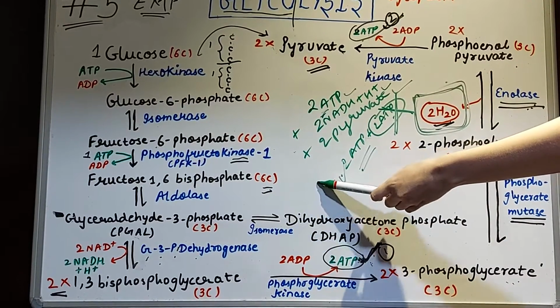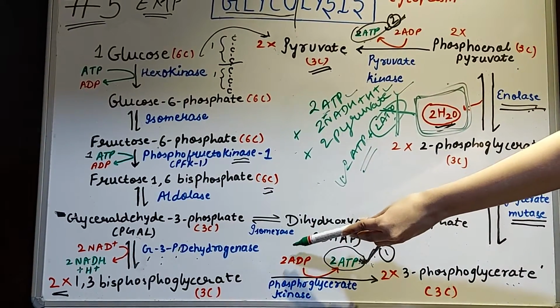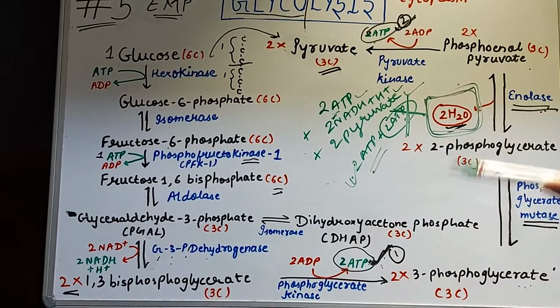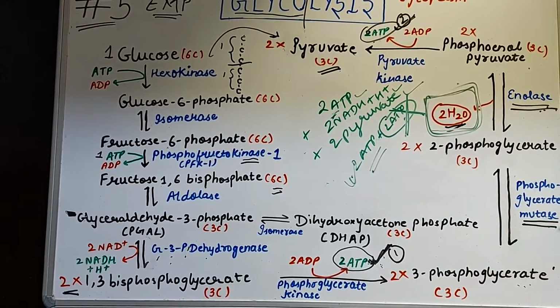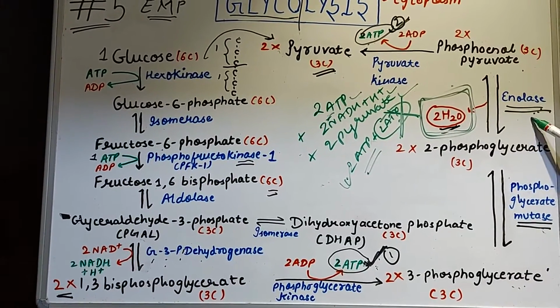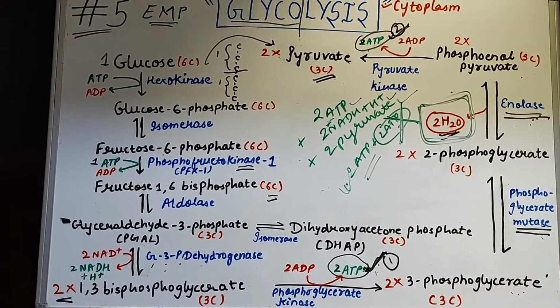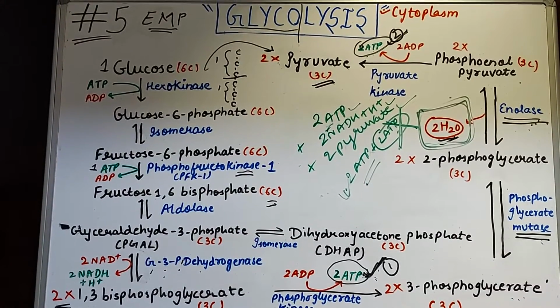Third is aldolase, fourth is glyceraldehyde 3-phosphate dehydrogenase, again kinase, fifth is mutase and sixth is enolase. So total there are 10 steps in glycolysis and the enzymes utilized are 6.